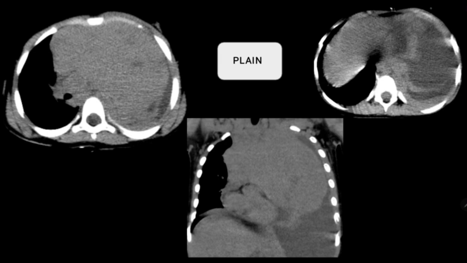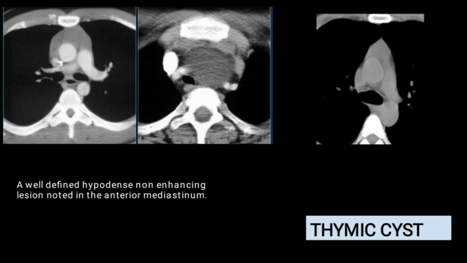We can also see that there is left pleural thickening here with some nodularity. So these are features of a large anterior mediastinal mass with pleural metastasis. So it was a case of invasive thymoma with pleural mets.